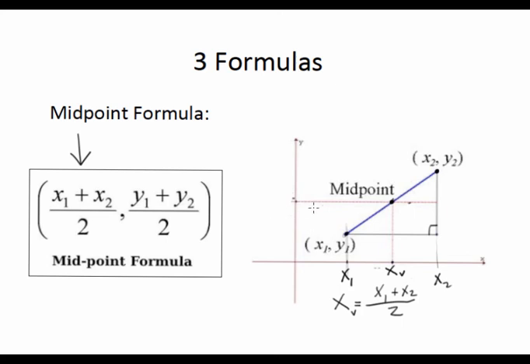And similarly, the two y values, if you run some horizontal lines over here, and this is going to be y2 and this is y1, you can see that that point is right in the middle of y1 and y2.